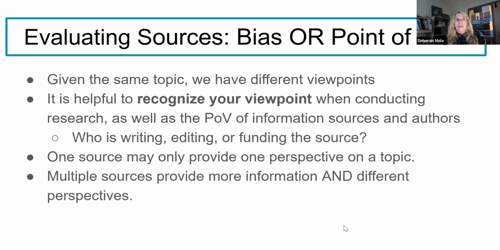I think it's really cool because we all have different cultures, different backgrounds, different education levels, different ages, different factors that influence how we look at the world. And so paying attention to what yours is when you're researching, as well as what the author's is when they're writing, can be helpful in expanding our mind and the way we think about the topic.